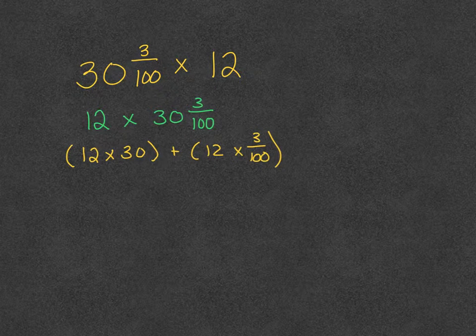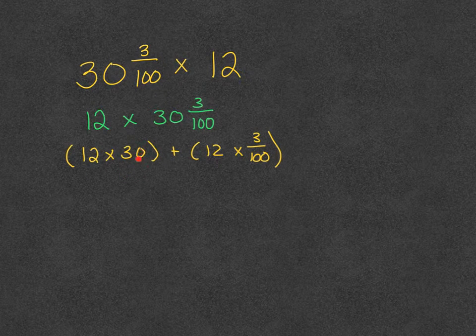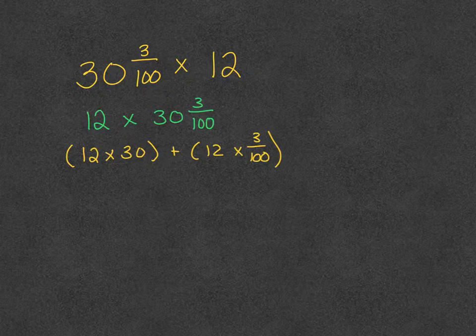So what I need to do is multiply those parentheses. Now, if we look over here, this looks a little bit harder, and we've done math like this previously. We've done this before, where we do 12 times 30, and it has a 0. Let's take away that 10 and only focus on the 12 and the 3.